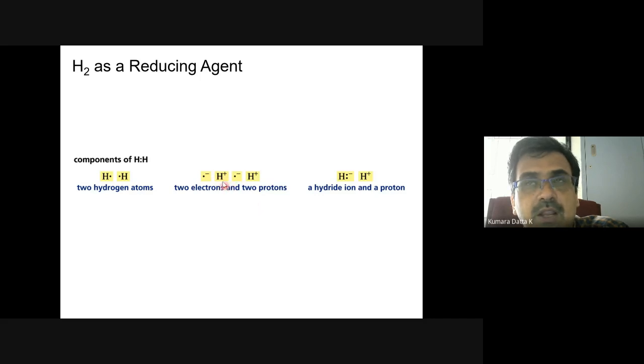H plus and an electron. So this is referred to as hydrogen, or a hydride and a proton. All these constitute hydrogen. For example, H plus plus H minus is H2. It is the same with the other pair.